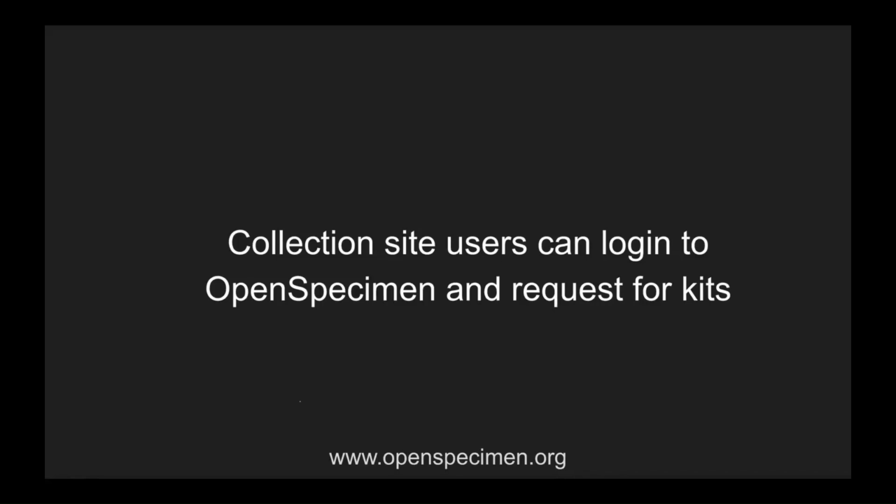So instead, what we did, and this is again an existing feature, is build a portal dedicated to the collection site users, from where they can either ship specimens or request specimens. The shipping of the kits happens once in 3 months.